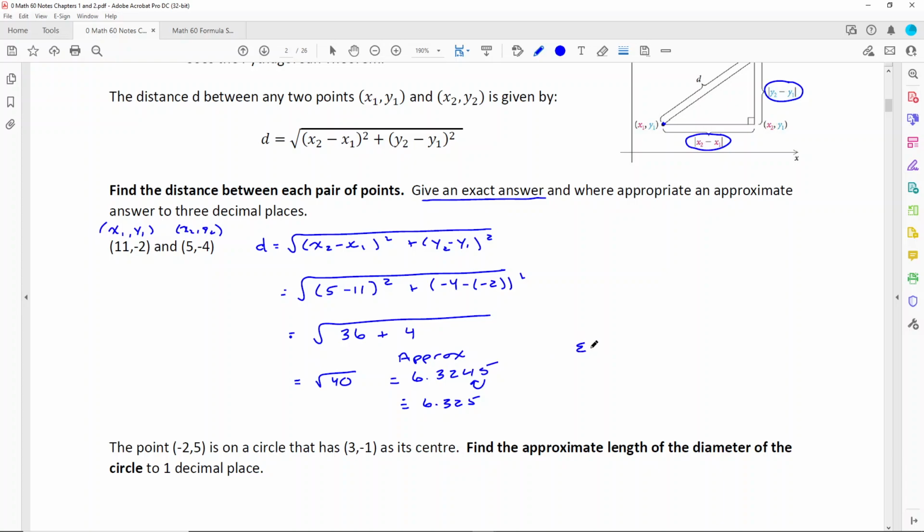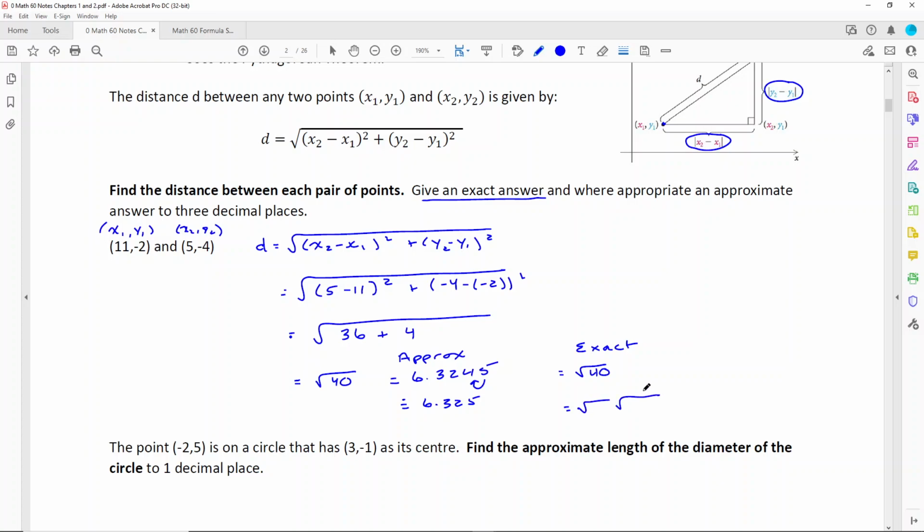If I want my exact solution, well, square root of 40 is my exact solution. So what's wrong with that? Why can't I just say that my exact solution is the square root of 40? Well, it's not simplified. It's expected that you are familiar with simplifying radicals. What I mean by that is, is there a perfect square that divides evenly into 40?